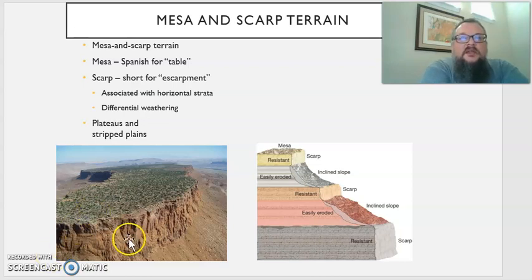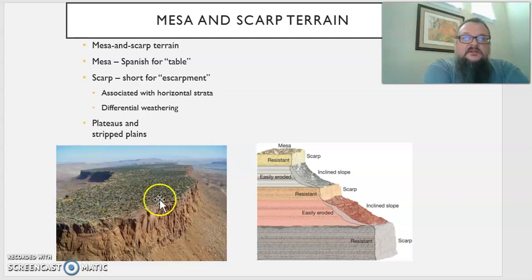So when we talk about a mesa, we are referring to a landform that looks like a table. The word mesa means table in Spanish, and so you have a flat top up on top that is less weathered than the material below it. This stuff is less weathered than the material below it because this top rock is what we would believe to be a cap rock.